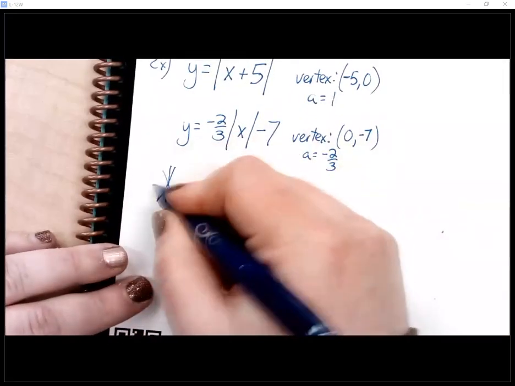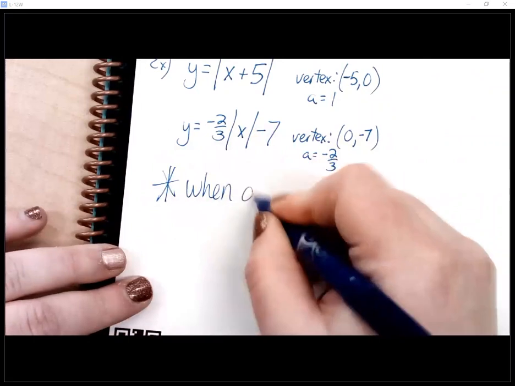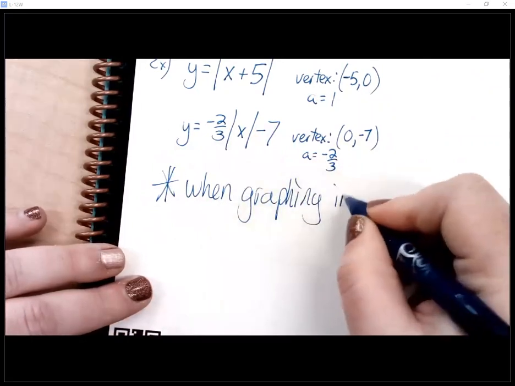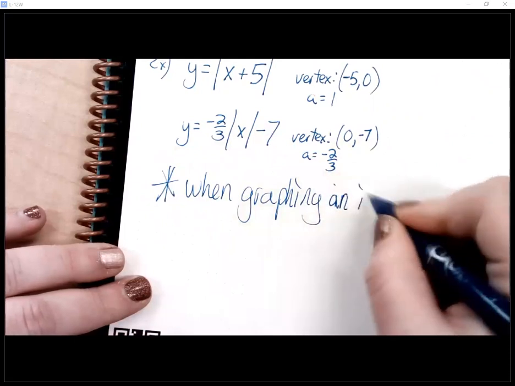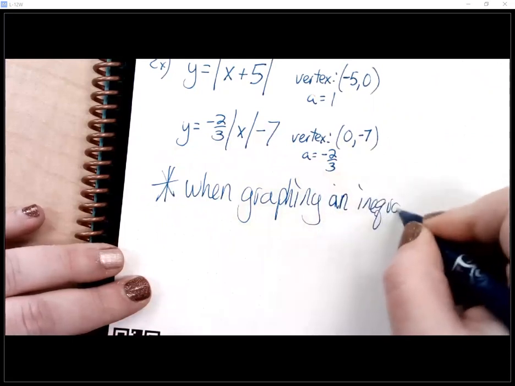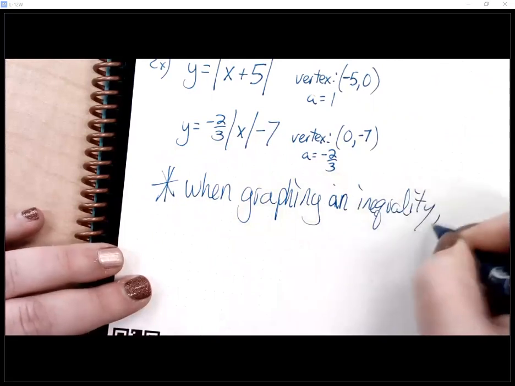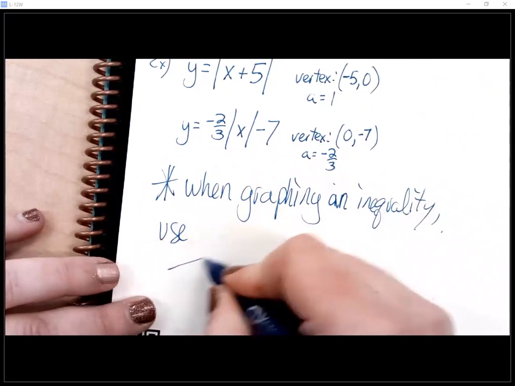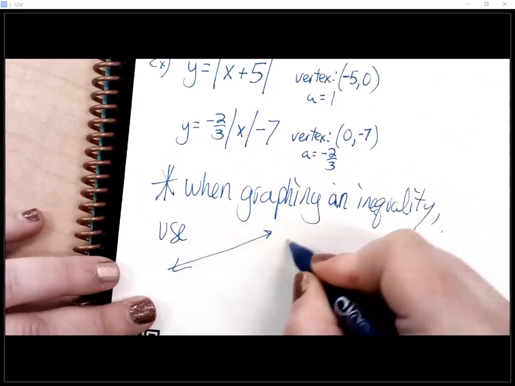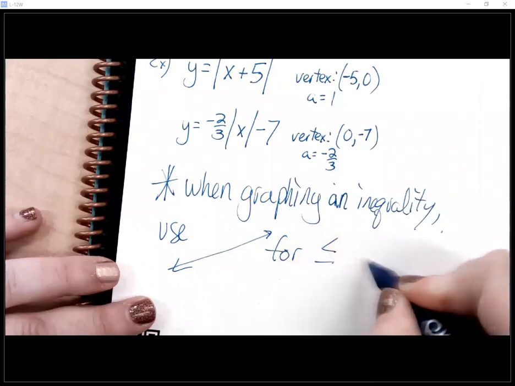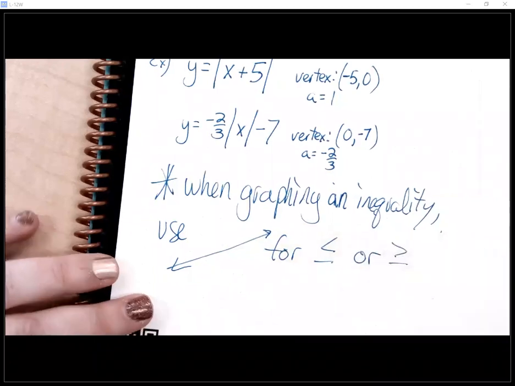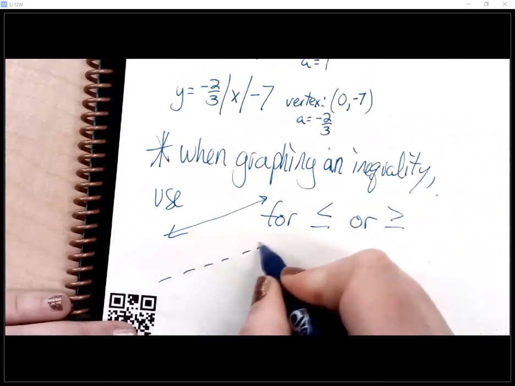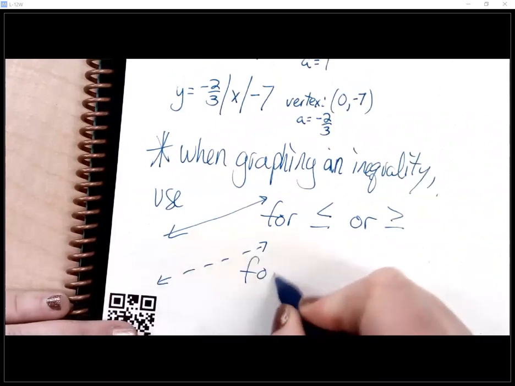When graphing an inequality, we're going to do a solid line if it has the bar underneath it. And then we're going to use a dotted line to create our V shape if we do not have the bar underneath it.